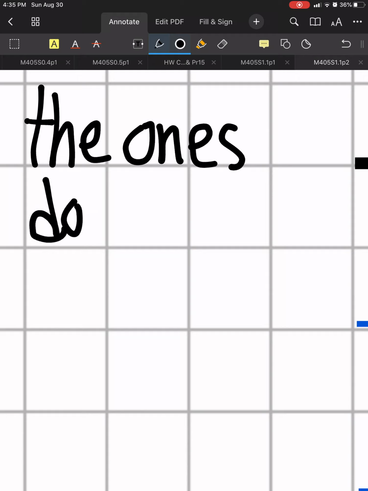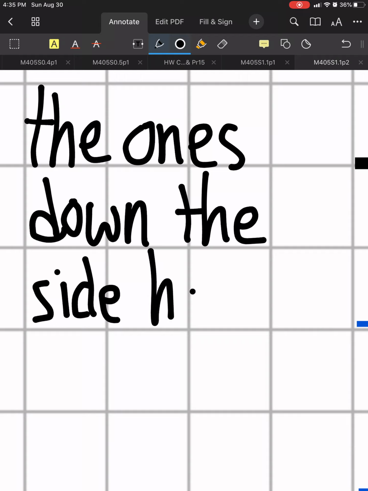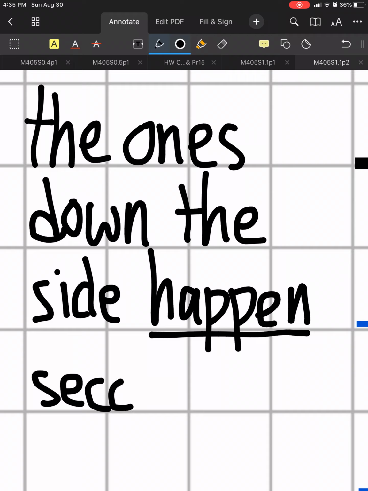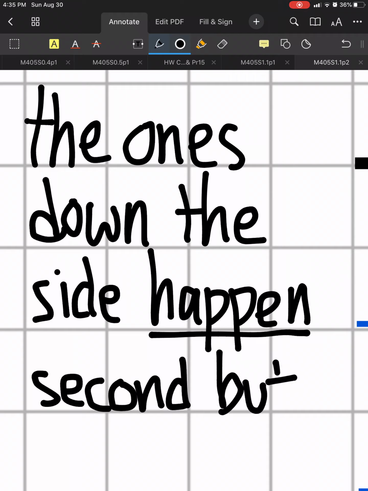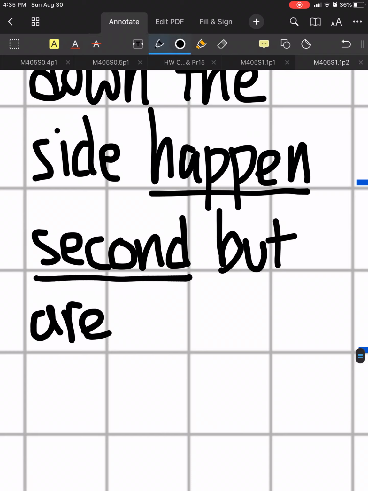The ones down the side happen, and I'm going to underline this, second. But are written first.